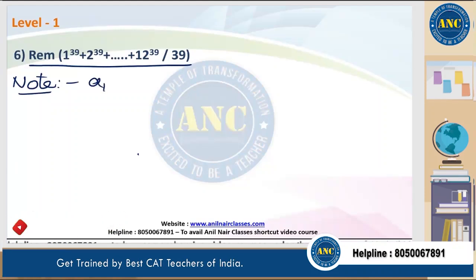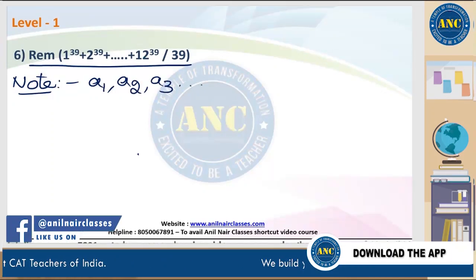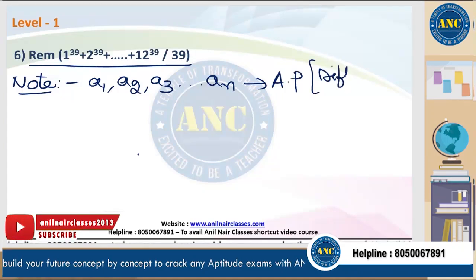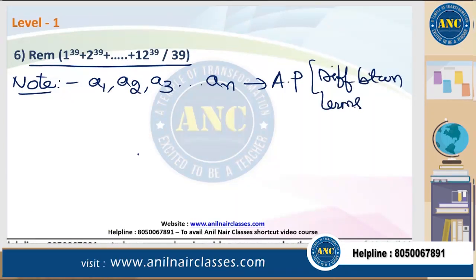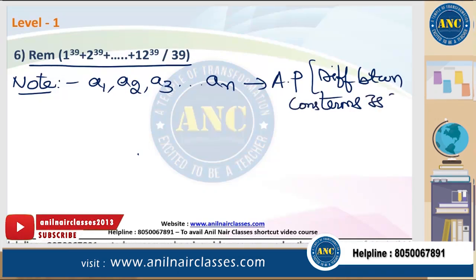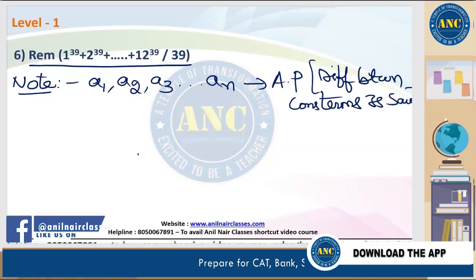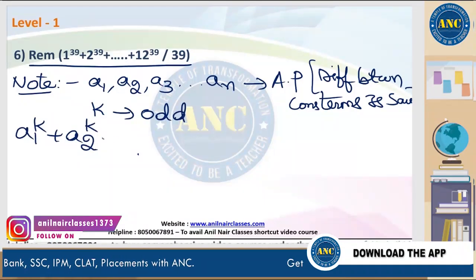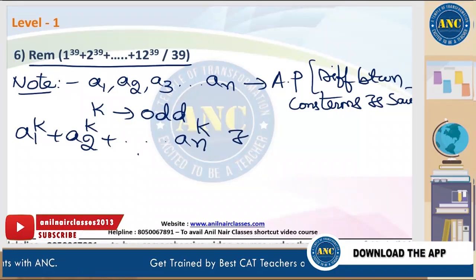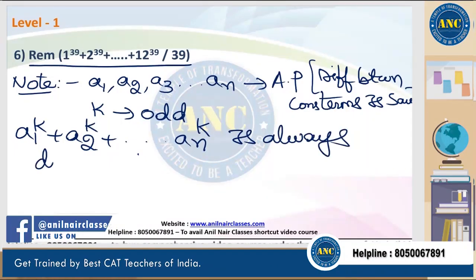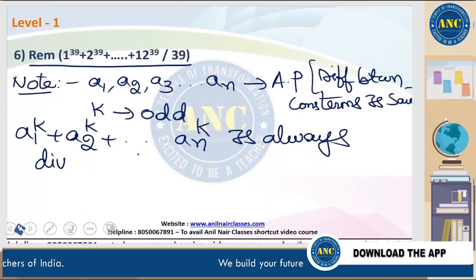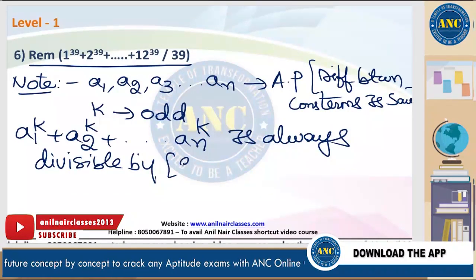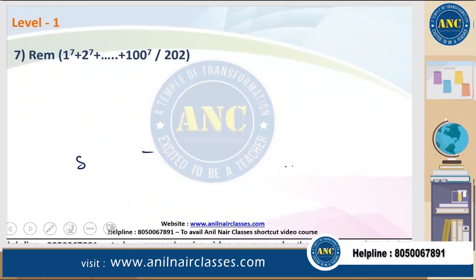Note: if a1, a2, a3 and so on till an are in arithmetic progression, meaning the difference between consecutive terms is the same, and if the power k is an odd number, then a1 power k plus a2 power k and so on up to an power k is always divisible by the sum of the bases. Very, very interesting property.